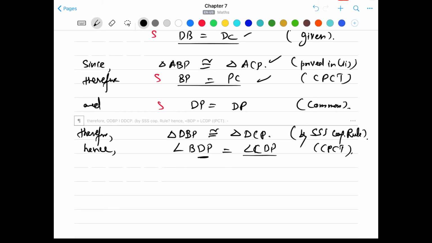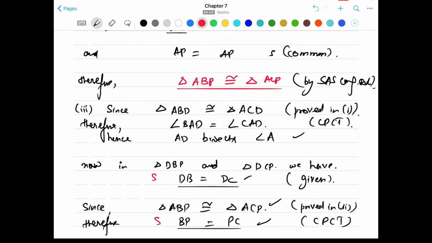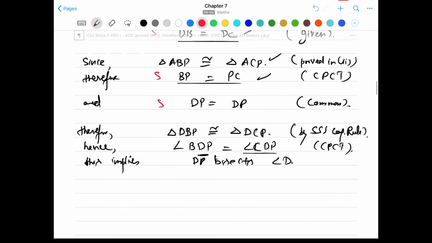So we can write, this implies that DP bisects angle D. Okay, so let's write this one as equation 1 and this one as equation 2.